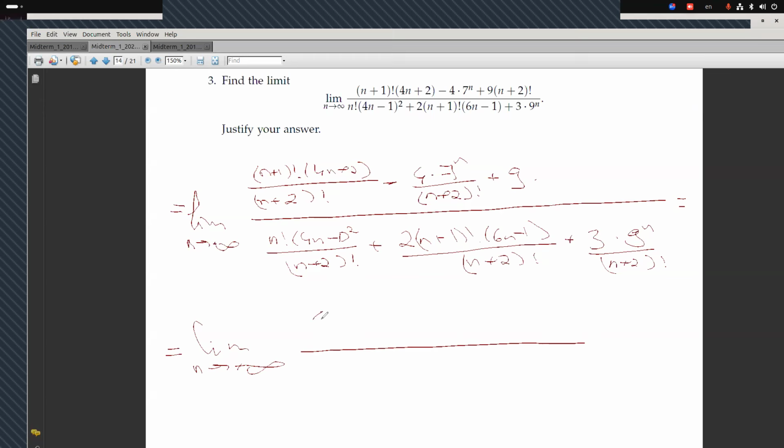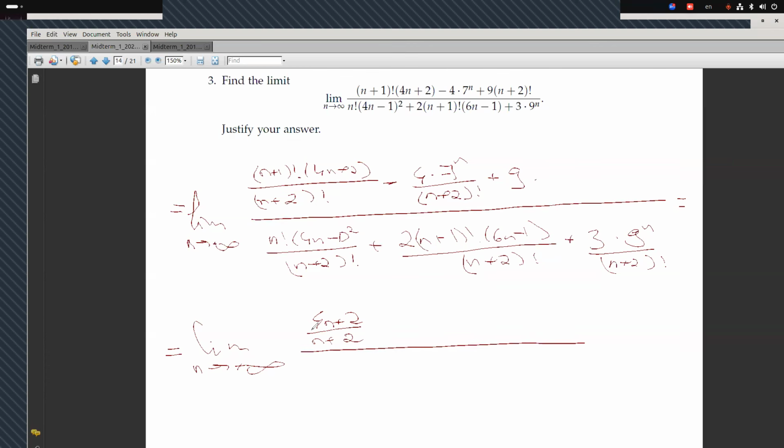From the first term, we will have (4n+2) divided by (n+2). There we can take n out, or divide numerator and denominator by n.